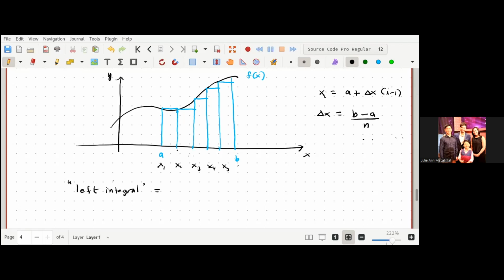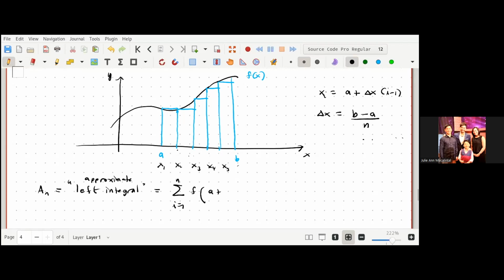So using this, the left integral will look like sum a sub n approximate. So let's call this approximate. i equals 1 to n, f of x sub i, which is a plus delta x times i minus 1, times delta x which is b minus a over n.